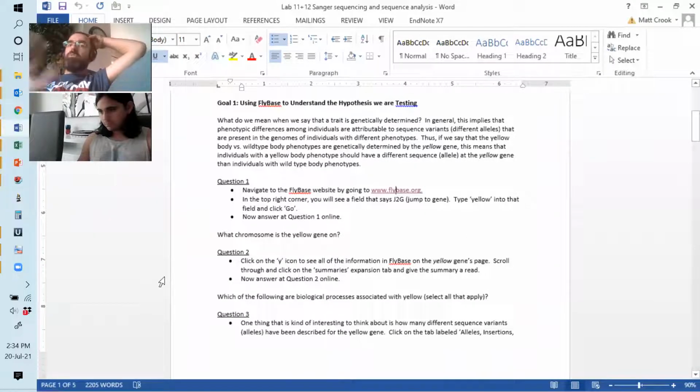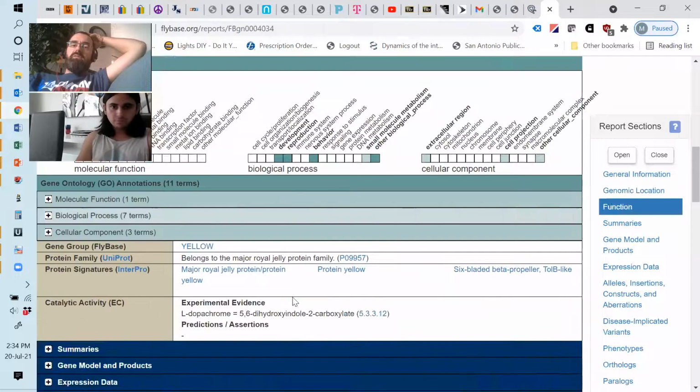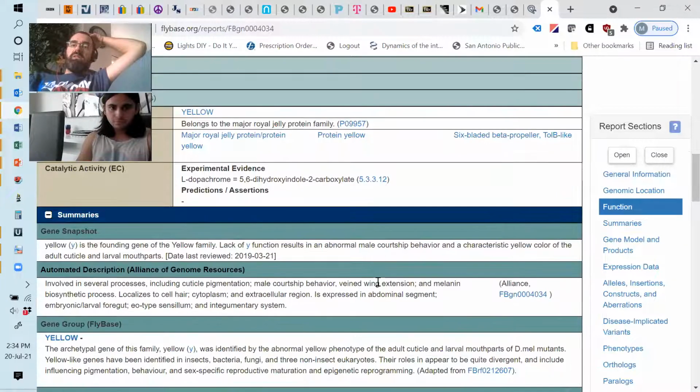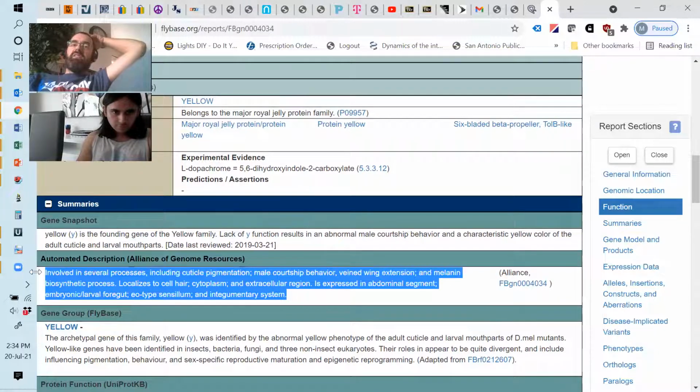I'm just showing you all the different sources of information. Go to the ones that you're directed to in the lab, and you'll get all the information there. So it's telling you to go to the summaries lab, and that should cover everything that you're going to be asked in the assignment.